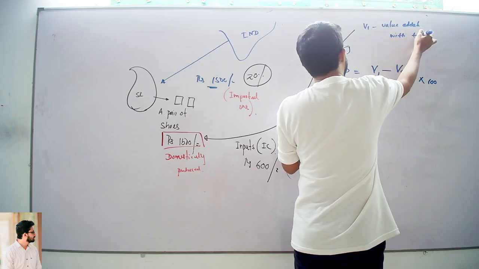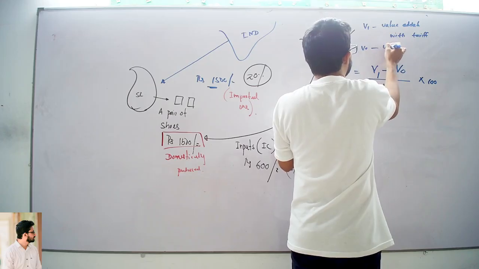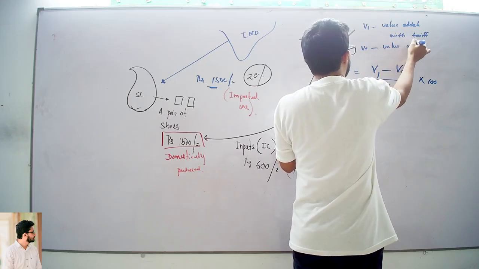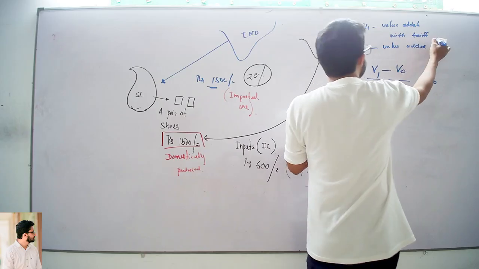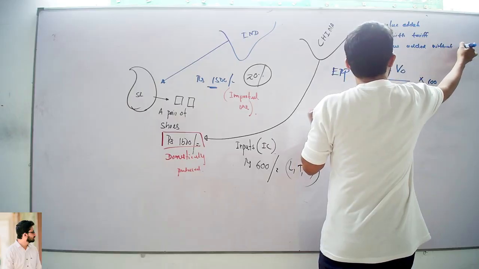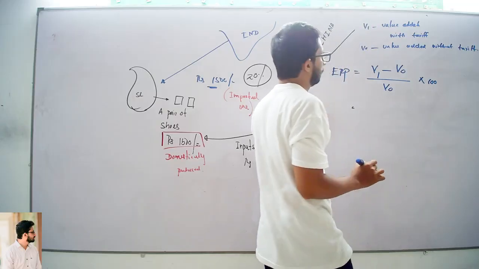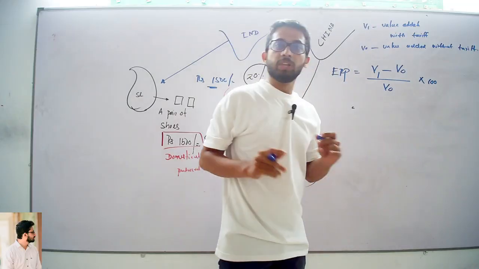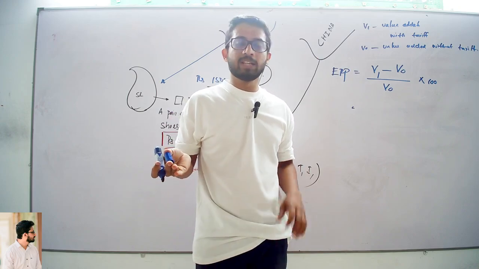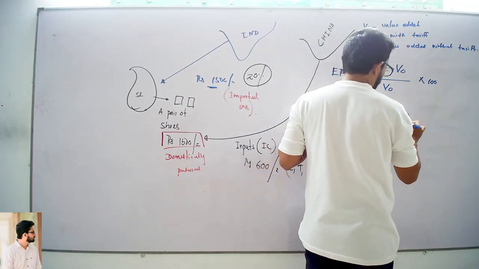V0 means value added without tariff. Listen. Now, Lamai, without tariff, we have already calculated the value added. How much? 900 rupees. Then V0 is 900.